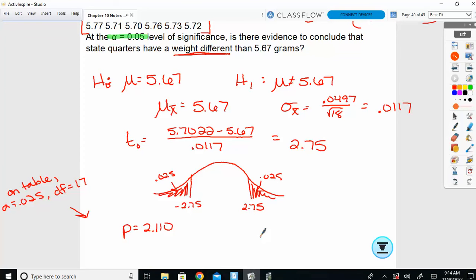You're not going to reject, because 2.75 is not... wait, 2.110, wouldn't 2.75 fall in between these? If you're in the middle region, you don't reject. If I had gotten a t of 3, 3 is bigger than 2.110, so it'd be over here, and then we would reject. Okay, that's one way of doing this problem.